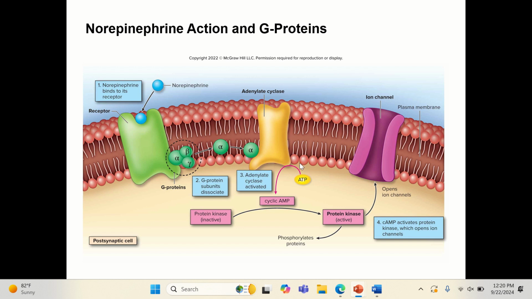So here we've got alpha coming in, and it is going to bind to the enzyme adenylyl cyclase, and it's going to activate it to make the cyclic AMP. And cyclic AMP in turn is going to activate protein kinases, which phosphorylates proteins to open ion channels and produce other effects. So that's a lot of work. That's called signal transduction, and it's amazing that people figured that out.